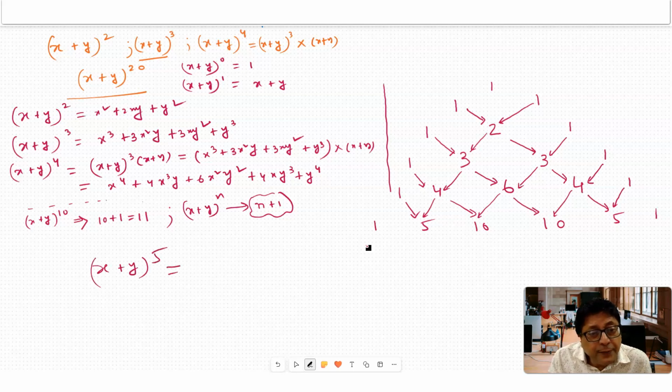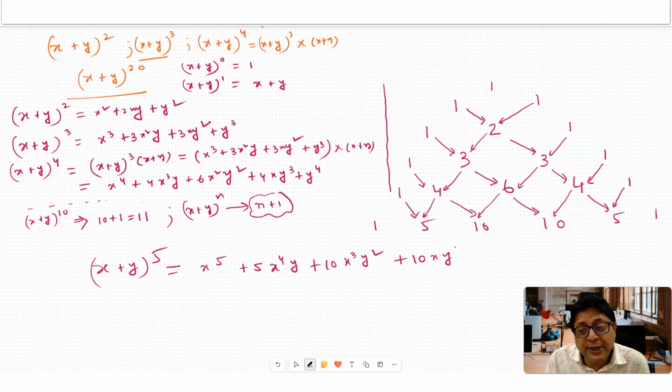Is it true that if you write the leading term is 1 and the extreme term 1, so you write x to the power 5, this is 5, x to the power 4 y, because sum equal to 5 we have to maintain, then 10 x cube y square, then another 10 x square y cube, because y gradually will increase, this plus 5 x y to the power 4 plus y to the power 5.